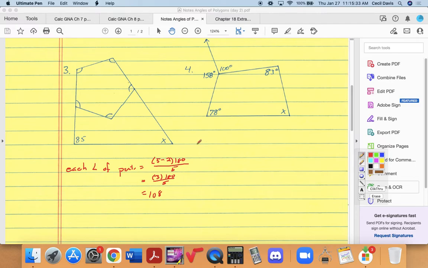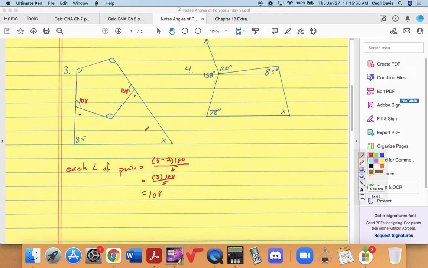Now, unlike the previous one, we can use linear pairs to find this angle and this angle, because we know both of these are 108. But what kind of a figure is this down here on the bottom? Yeah, it's concave.